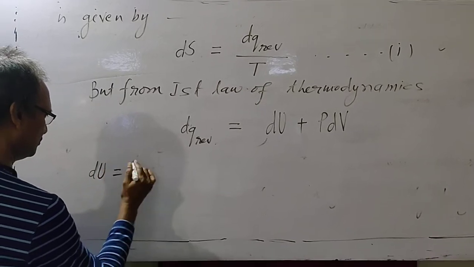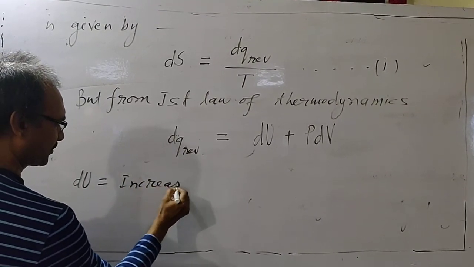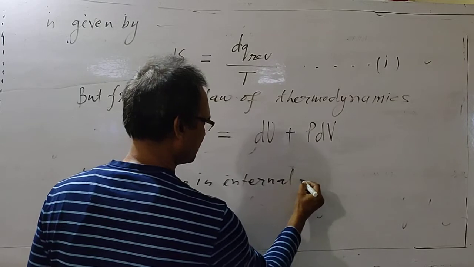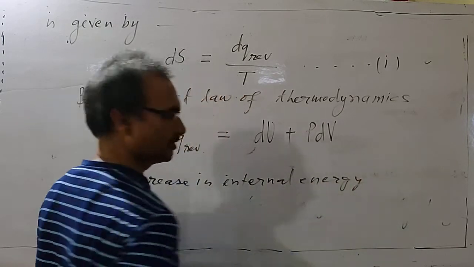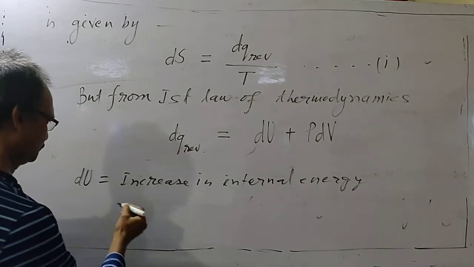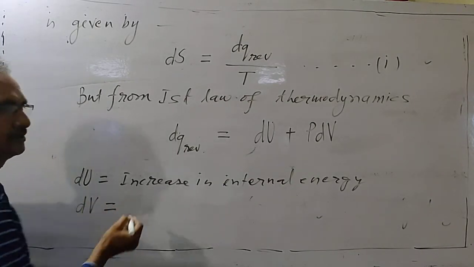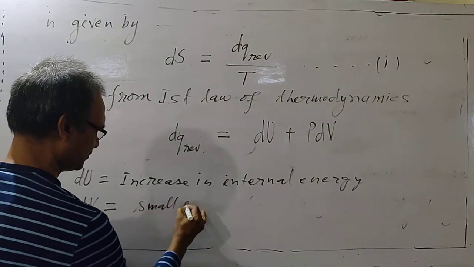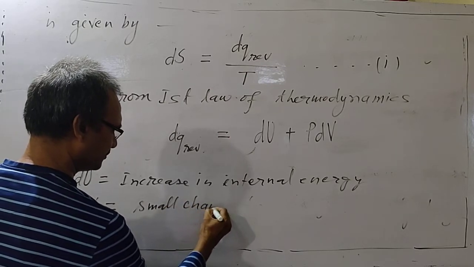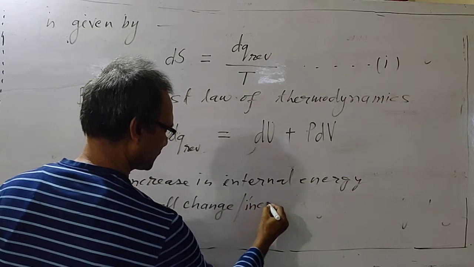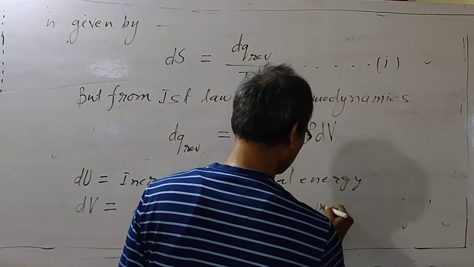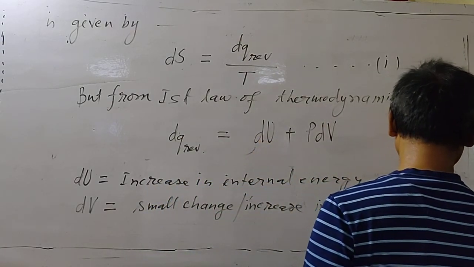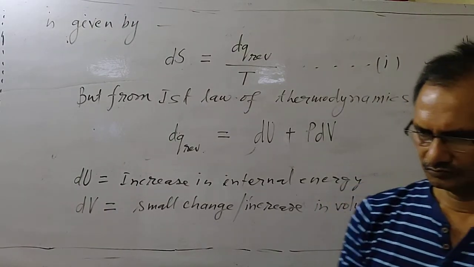dU is equal to the increase in internal energy, dV is equal to a small increase in volume of the gas.